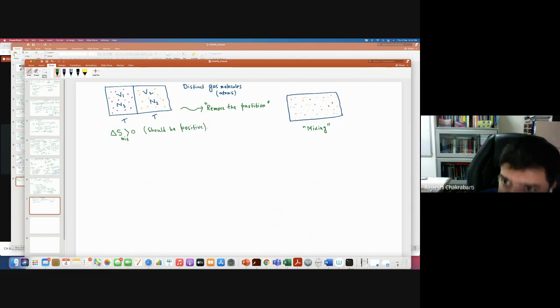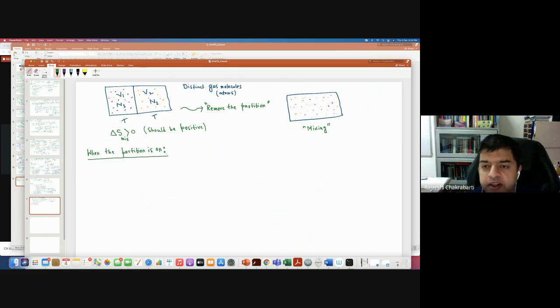Let us first see whether I get this, starting from the statistical mechanical formulation. When the partition is on, let us calculate the entropy of the system. I'll call it initial entropy, SI, the entropy of the initial state.